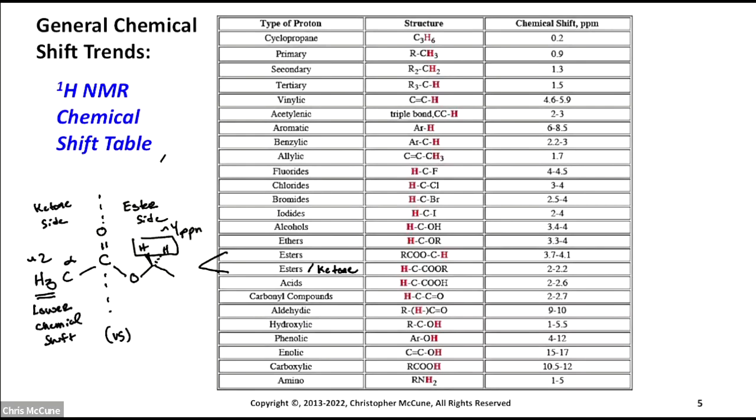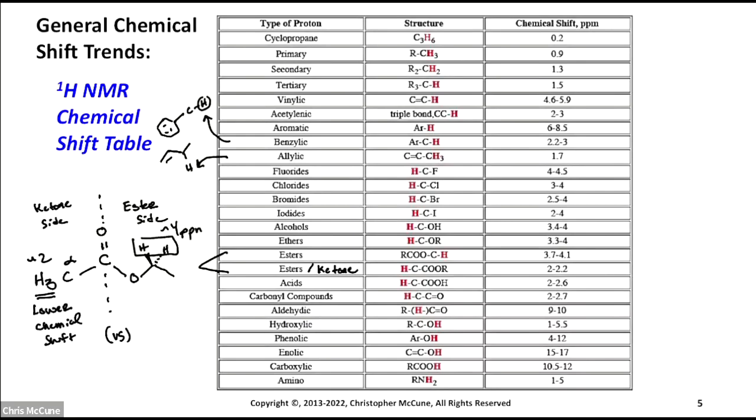So allylic, for example, is the hydrogen on a carbon next to a double bond. Benzylic, you can see a benzylic hydrogen, that would be the carbon next to the benzene ring.